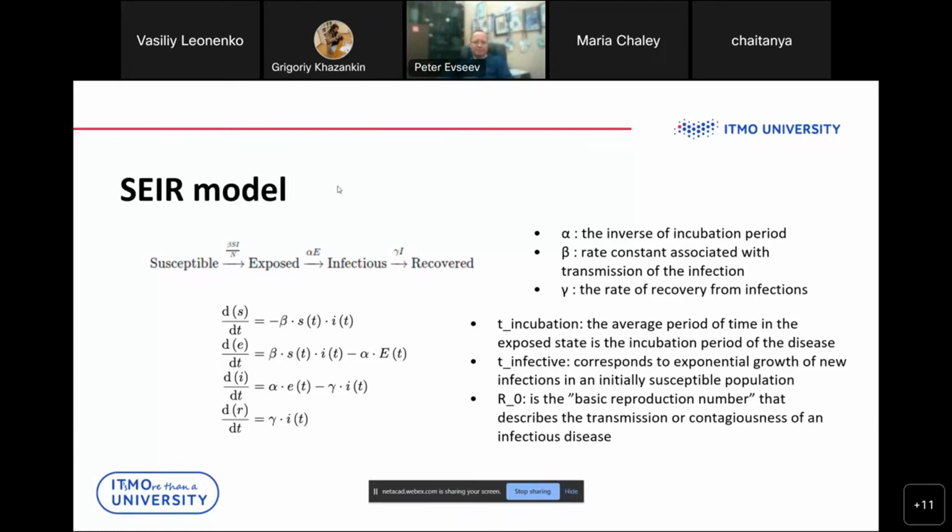Susceptible cases depend on the rate beta times susceptible times infected, where beta is the transmission rate, and alpha is the inverse of the incubation period.